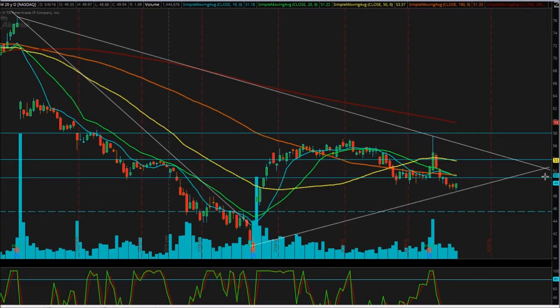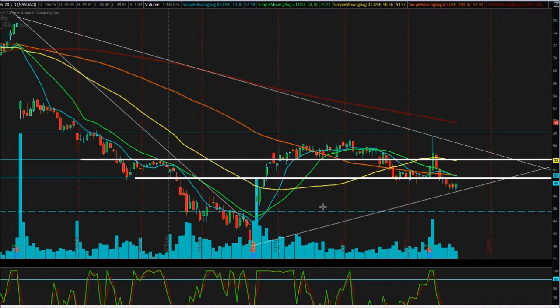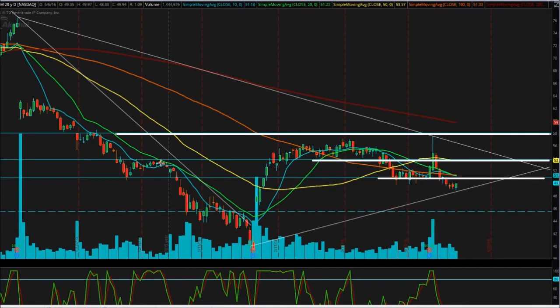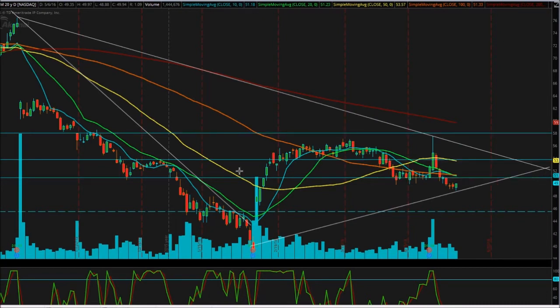Luckily, we have some good areas of support right around $51 and $53. That's what these blue lines are. These blue lines are my pivot points, which means they were areas that acted as support and then became resistance, or vice versa. So we have support, which is now resistance, at $51, and we now have resistance at $53 and resistance at $58. What do I want to see happen here?